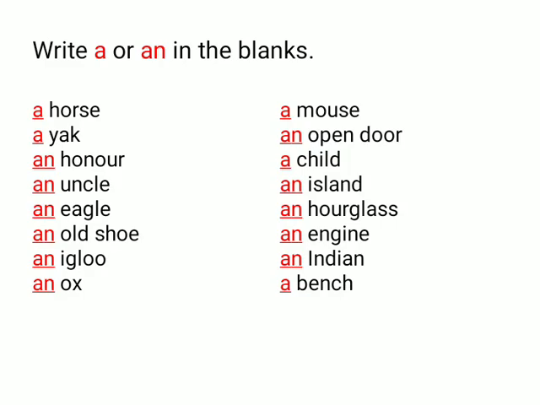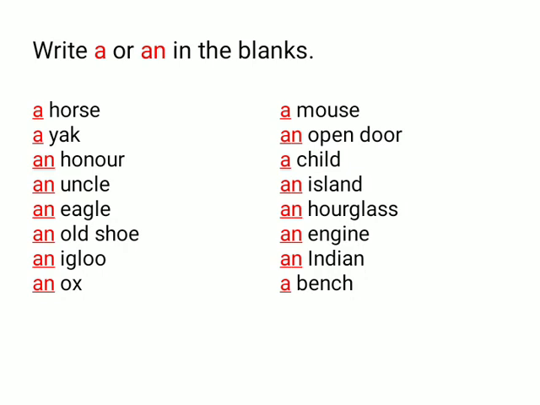Write a or an in the blank. The first one. Dash horse. A horse. Here the first letter of the word horse is H, and H is a consonant. So we use the article a before the singular word, that is a horse.